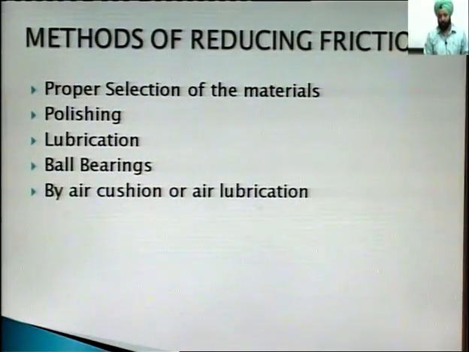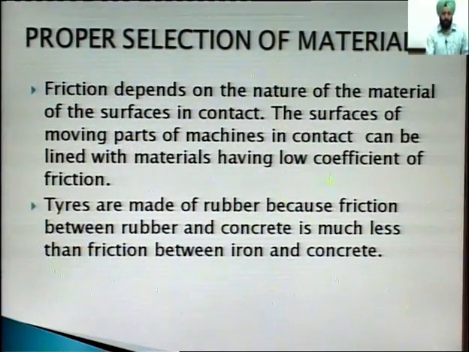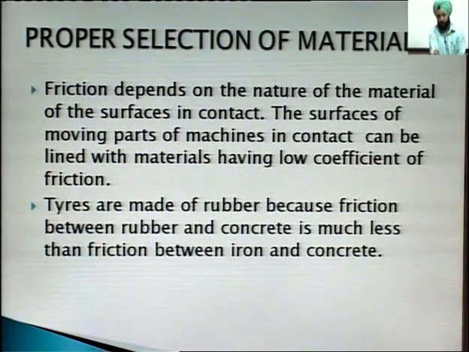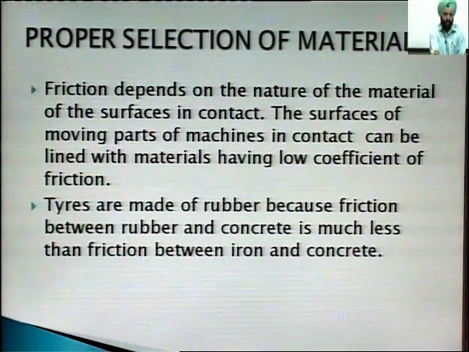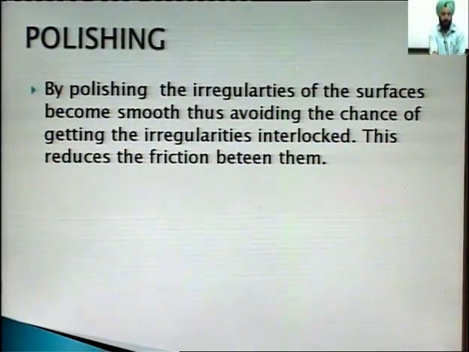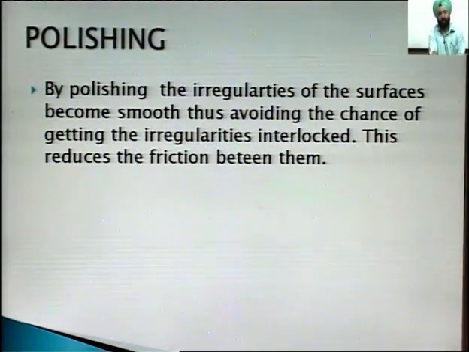By using proper selection of materials, such as rubber tires, we reduce friction. Polishing was another method we discussed, that it covers the irregularities and makes the surfaces smooth, and on smooth surfaces there will be low friction.